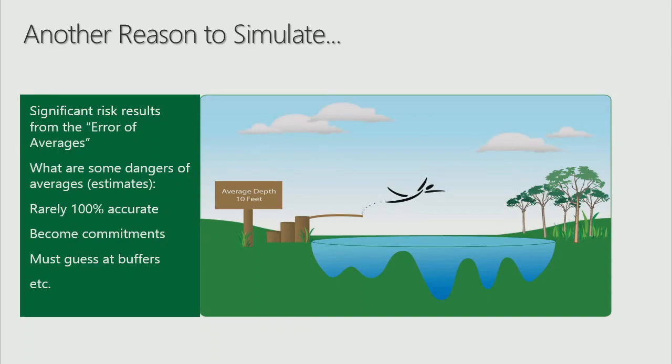So what are some of the dangers or problems with these estimates, these averages that we've gotten? Well, they're rarely 100% accurate. If I say, hey, I have a phase that takes about 50 days, that's an estimate, but is it going to take 50 days? Does it always take 50 days? No, that can vary. It could be less, it could be more.